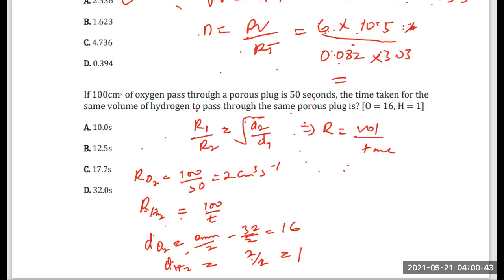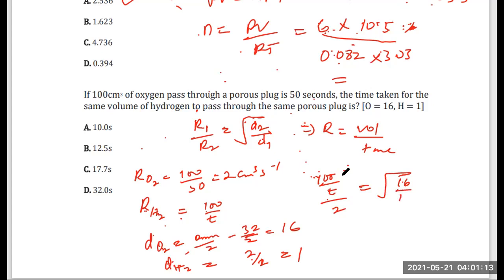For easy manipulation or easy calculation, we can decide to put hydrogen as our R1, so 100 over T, everything over 2, will equal the square root of oxygen's 16 over 1. That makes the work much easier for us.